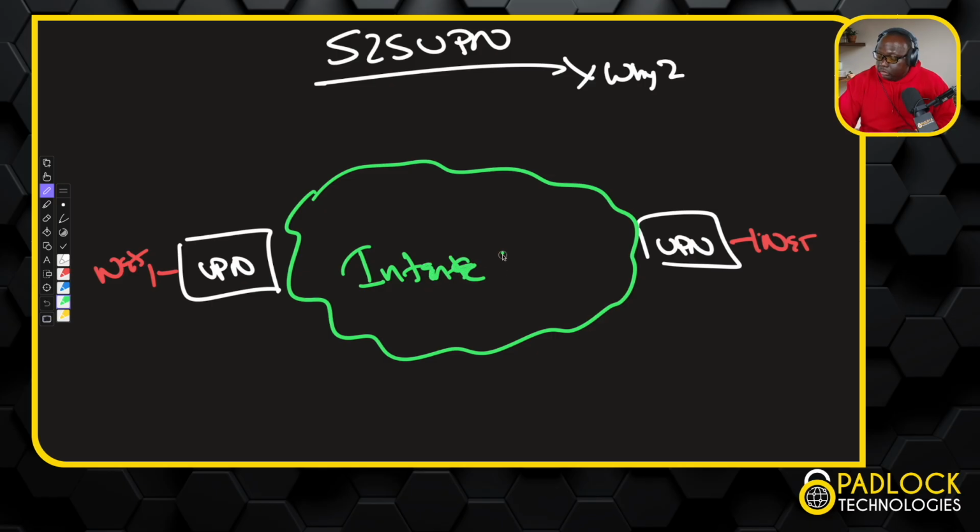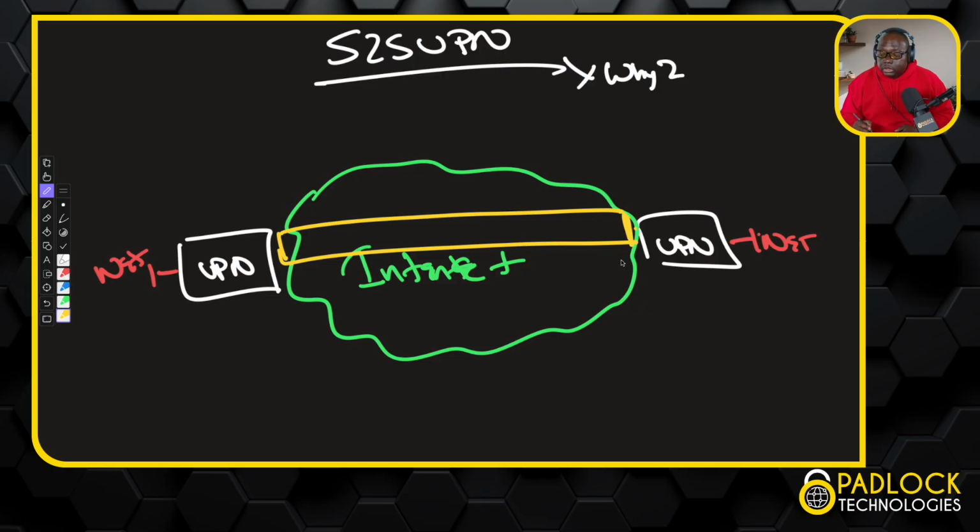The whole purpose is to create a tunnel over a public network that is going to allow network one to communicate with network two. And nobody on the internet will be able to see the communication between these two. So that's the whole point of this.